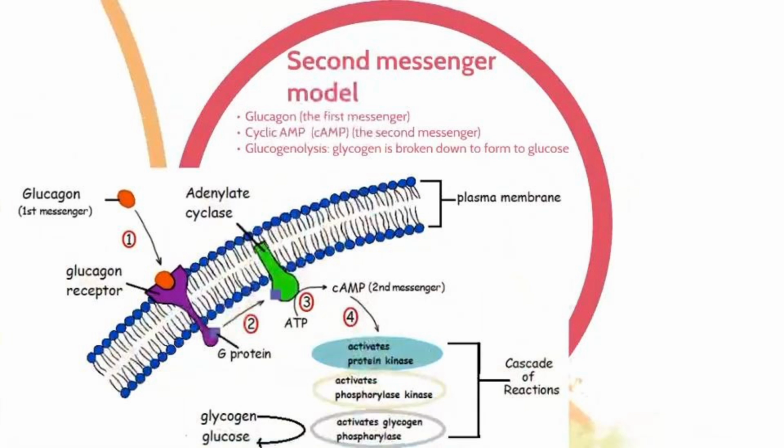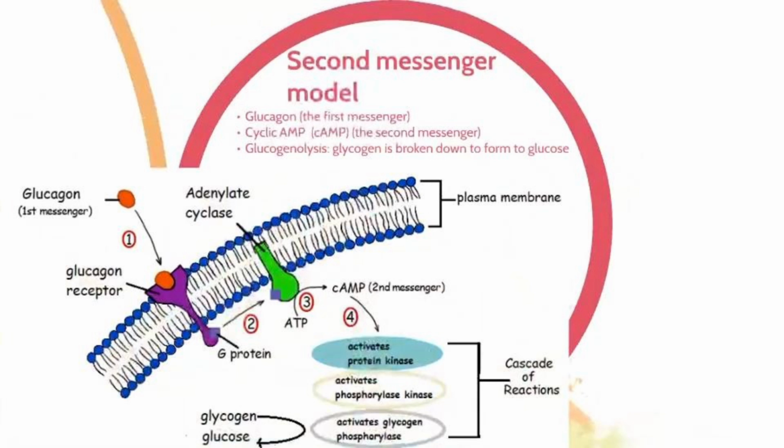Just try and remember each step as we go. They will become clearer over time, but just get an idea of what is going on at each step. Even if you don't remember the names right now, just think, okay, the first part is one enzyme adding a phosphate group on to another one, and things like that. So get the general idea of what's going on rather than the specifics of the names.